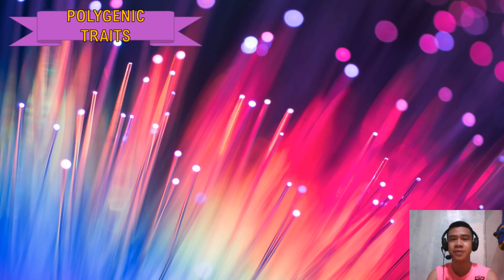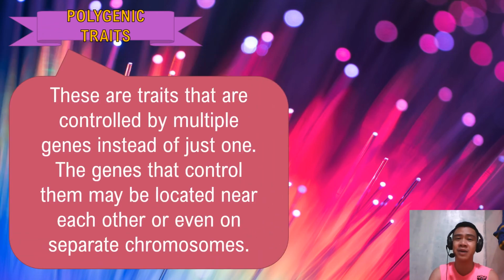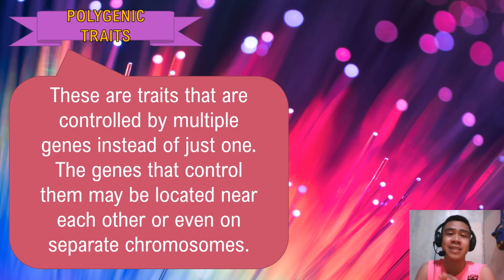Some characteristics are polygenic, meaning that they are controlled by a number of different or multiple genes. In polygenic inheritance, traits often form a phenotypic spectrum rather than falling into clear-cut categories. Polygenic traits are controlled by multiple genes instead of just one.